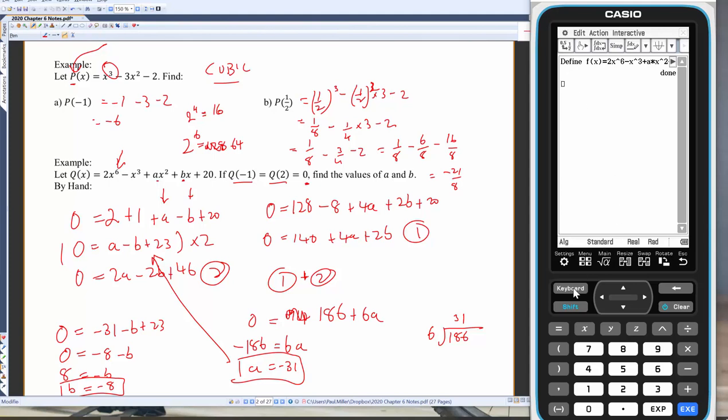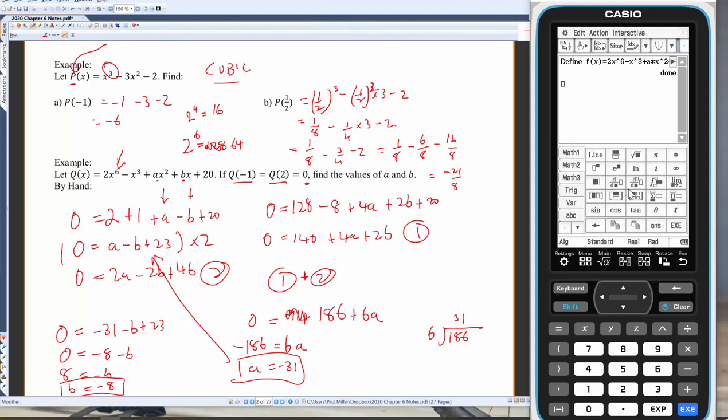Then I'm going to use the simultaneous equations template. I'm going to say f of -1 is equal to 0 and f of 2 is equal to 0, and I want to solve for a and b. What I'm hoping here is that the answer says -8 and -31. Please, please, please. Yes. Okay, -31 and -8.